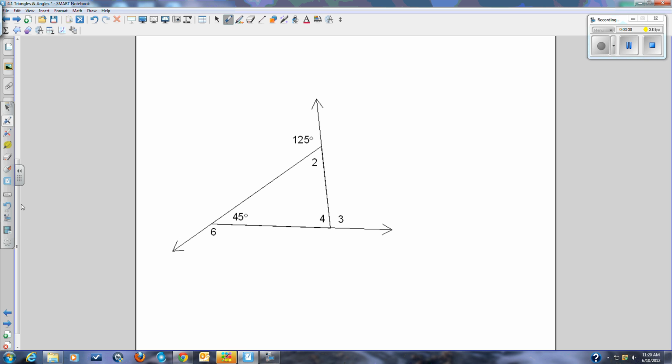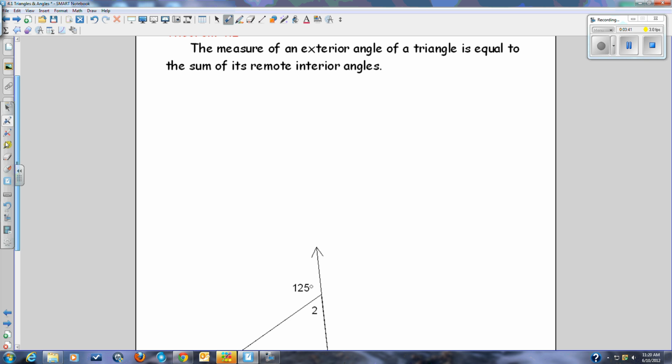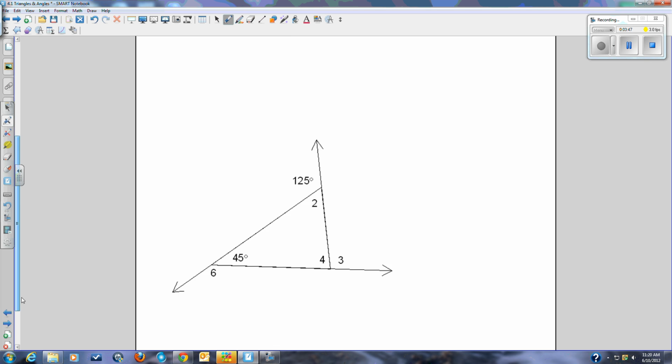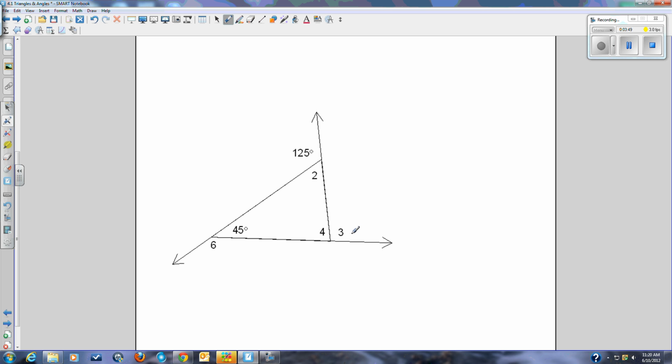Now, let's go back to what it said above. The measure of an exterior angle of a triangle is equal to the sum of its remote interior angles. So what that means is it's equal to the sum of the 2 angles that are not adjacent to it, that are on the inside of the triangle.